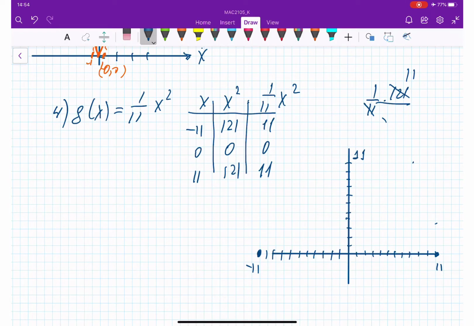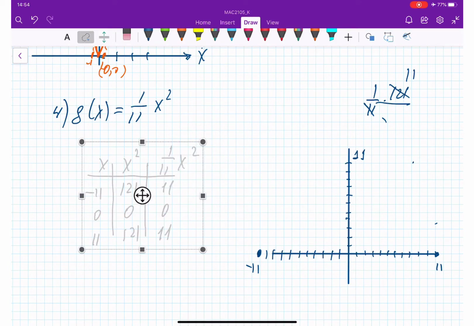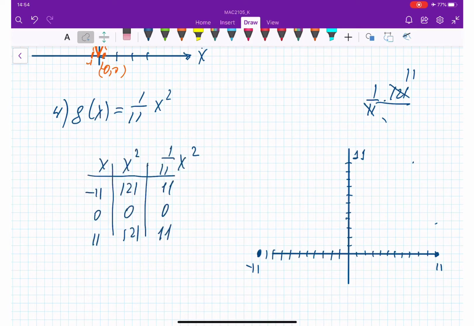So the graph is coming. I will have to move this way. And now this one. Okay, so one point here, 0 is 0, and the other point is here. Okay, look, this is how we did it.